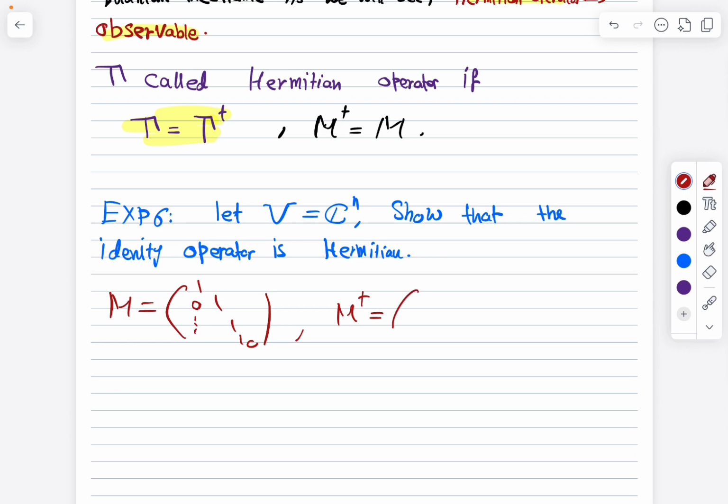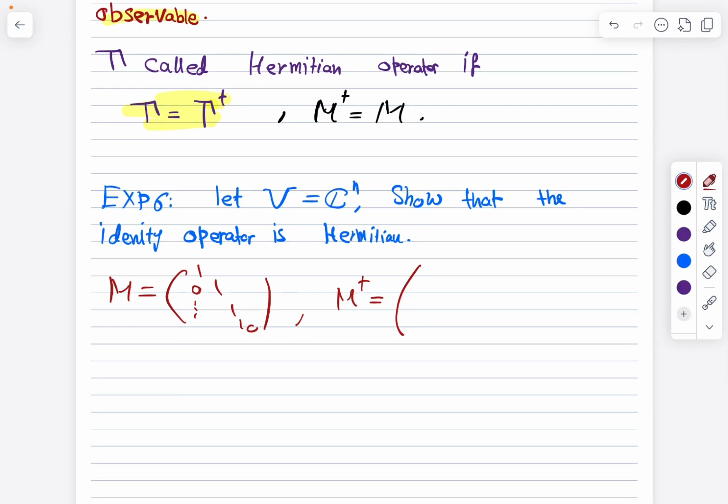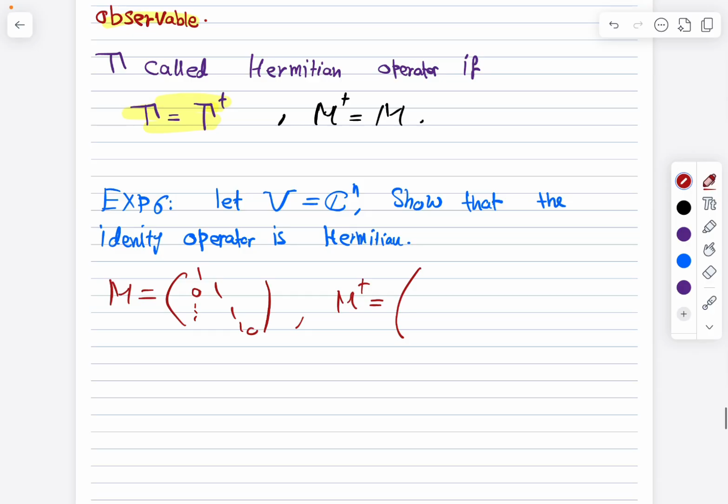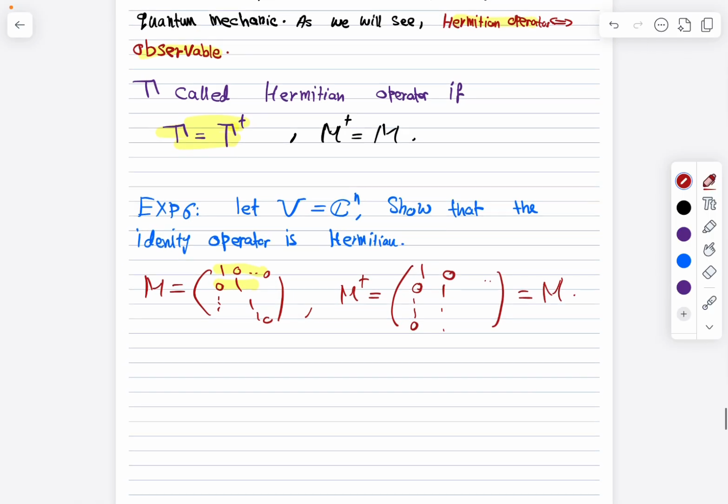The first row becomes the first column. We need to take the conjugate, but the conjugate of 0 is 0 and the conjugate of 1 is 1. Then we do the same thing for the second row, get 0, 1, and so on. You will notice that you get the same matrix M. So it's a self-adjoint operator.